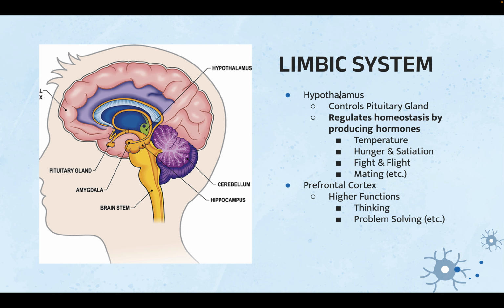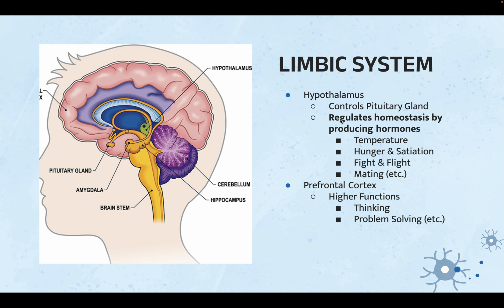The limbic system also contains the hypothalamus and the prefrontal cortex right here. The hypothalamus actually controls the pituitary gland, and thereby it's in charge of the endocrine system, which is basically the system of glands that secrete hormones.